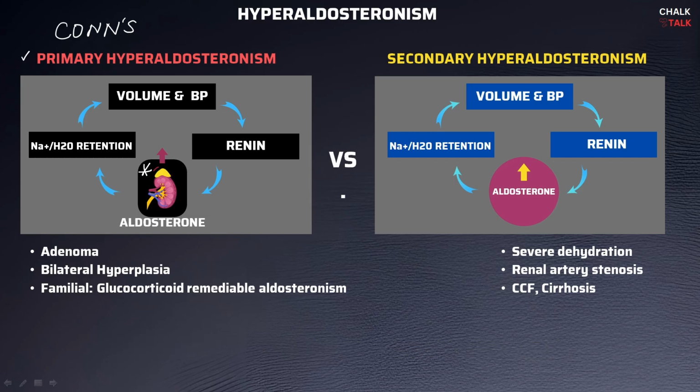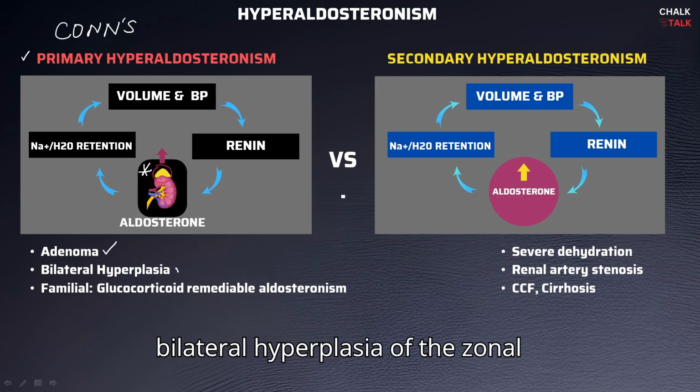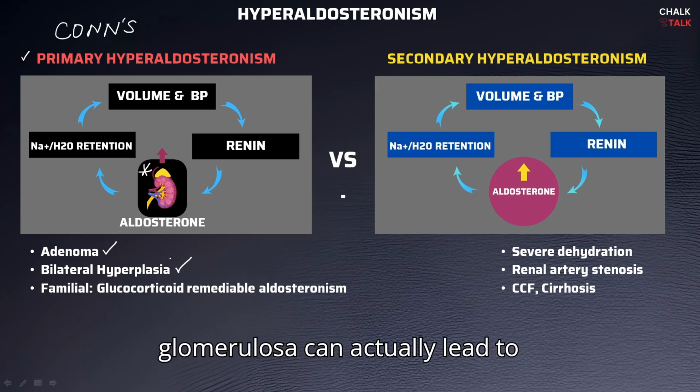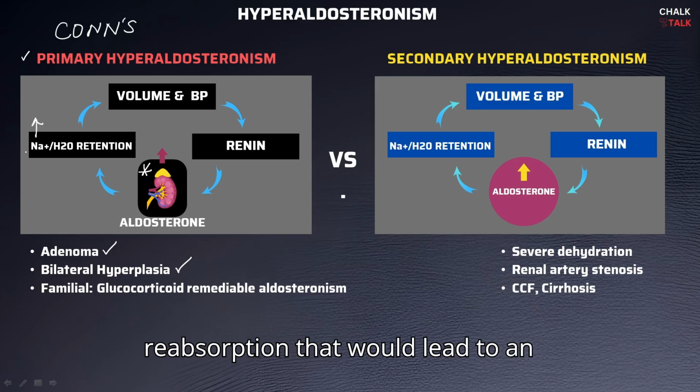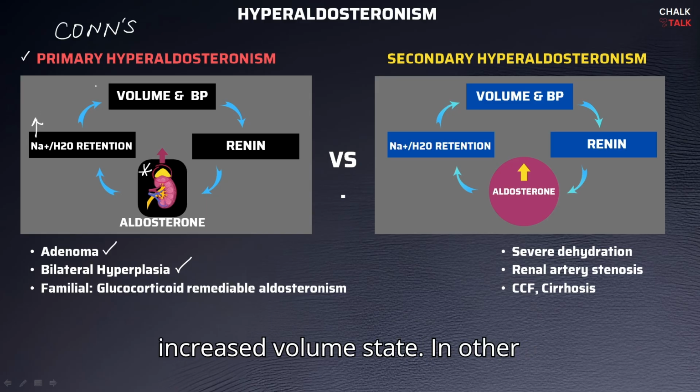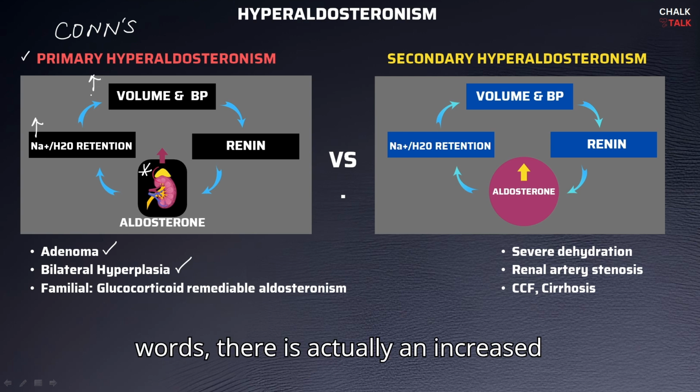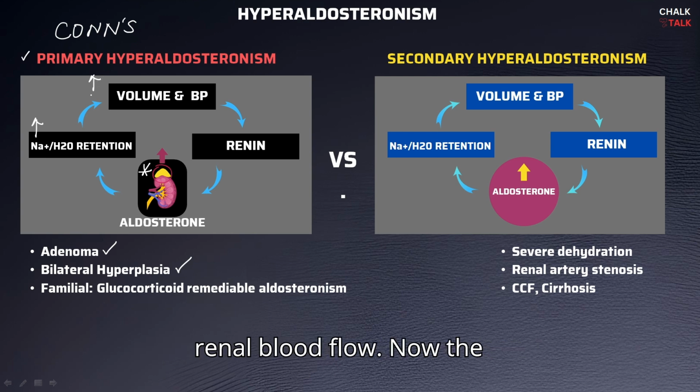So, for example, a benign tumor or adenoma or a bilateral hyperplasia of the zona glomerulosa can actually lead to sodium and water retention, an increased sodium and water reabsorption. That would lead to an increased volume state. In other words, there is actually an increased renal blood flow.